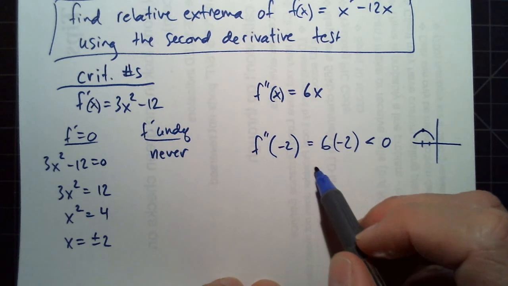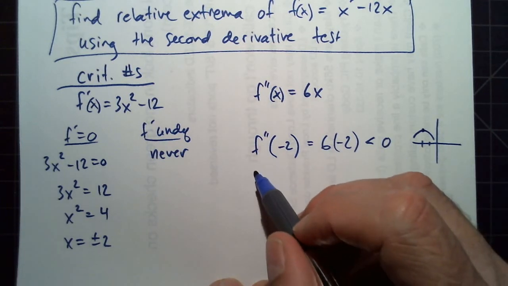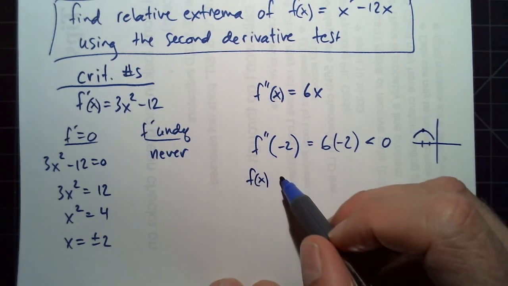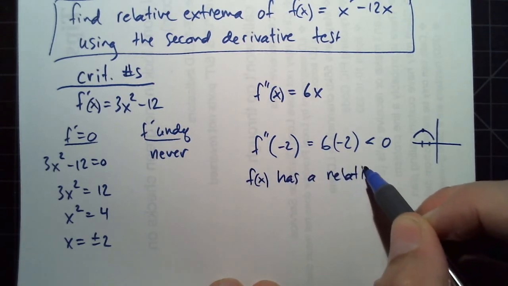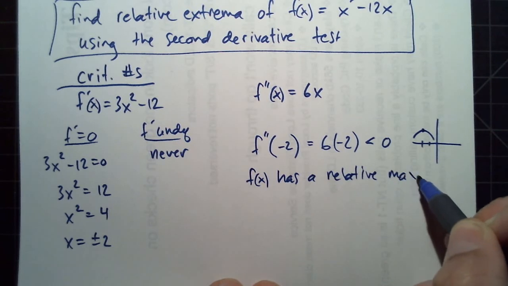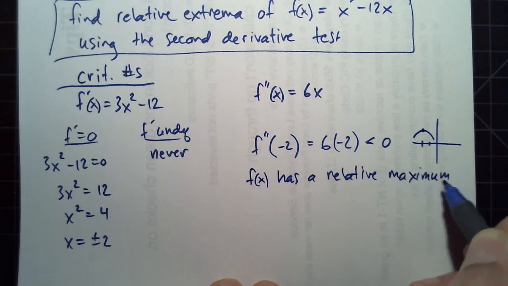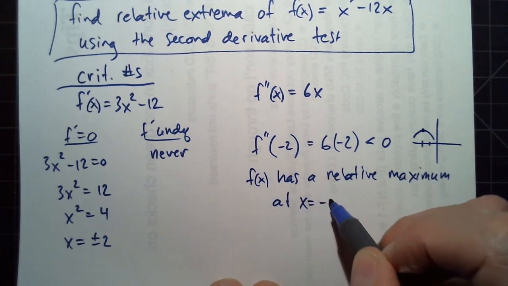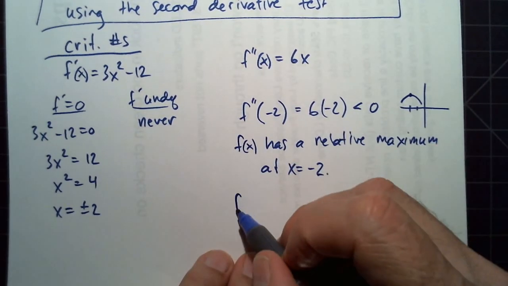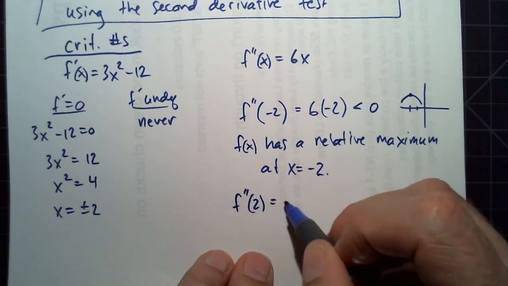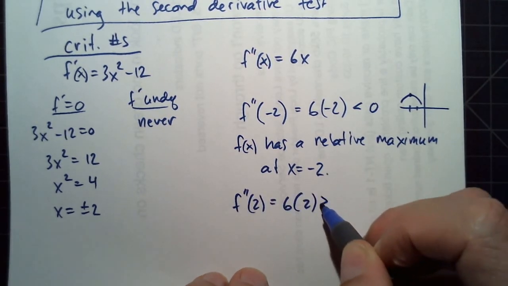So f double prime of negative 2 is negative, so we say that f of x has a relative maximum at x equals negative 2. Then we can find f double prime of 2. 6 times positive 2 is positive.